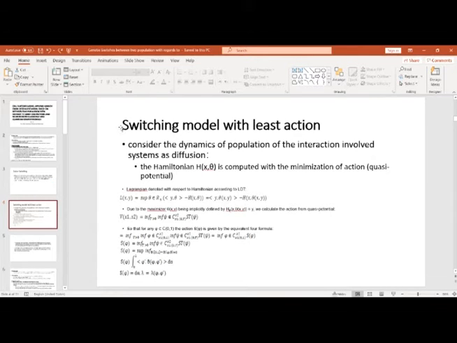And the least action here is based on the Lagrangian method. After we get the Lagrangian, we try to get the final formula of our Hamiltonian.